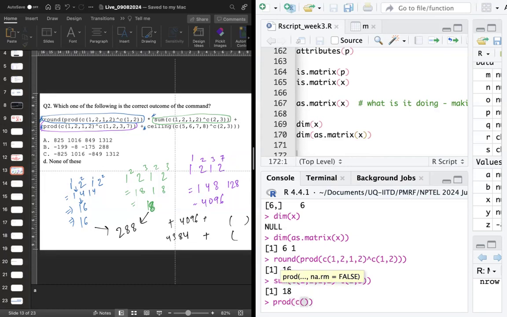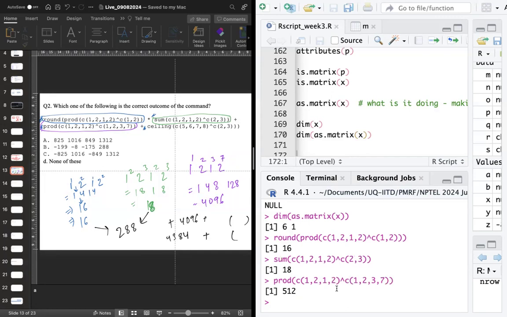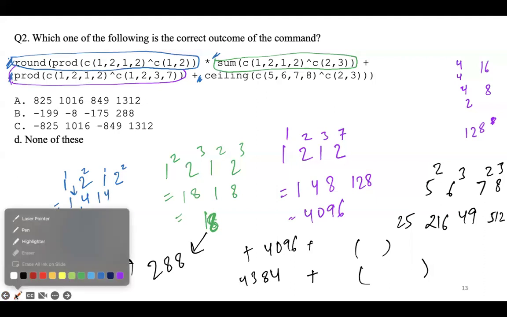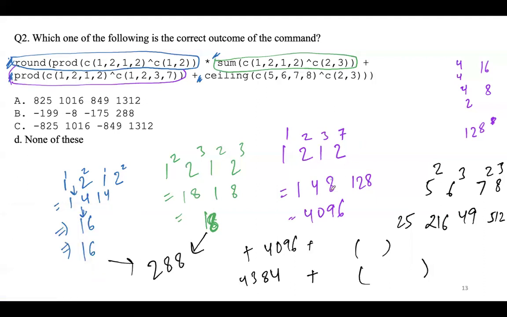Product 1, 2. And so that's, okay, what did we do wrong? This is 1 to the power 3. So this is just 1. So this is just 1, right?